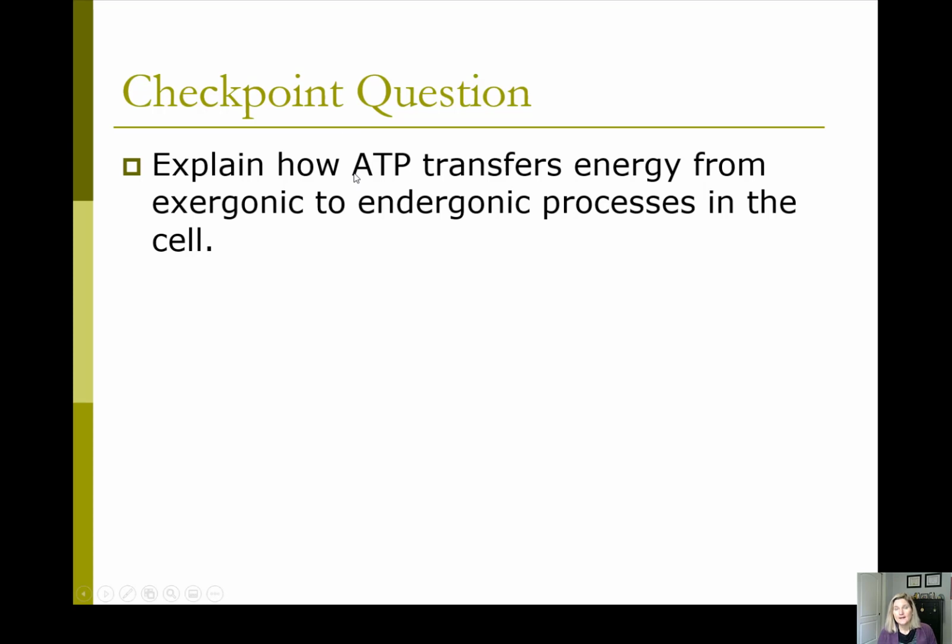From there, that ATP can be hydrolyzed back down to ADP and phosphate, releasing energy that will provide enough free energy for an endergonic process, or a negative state of energy, I should say.